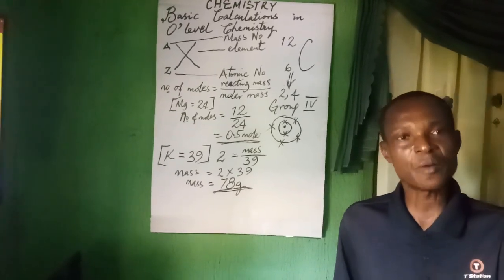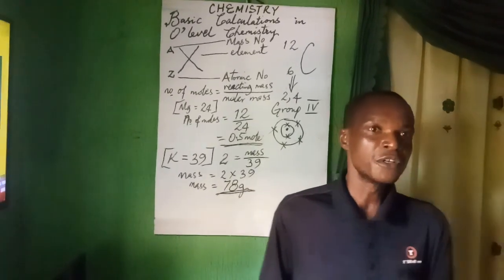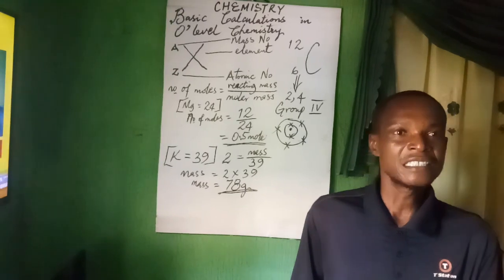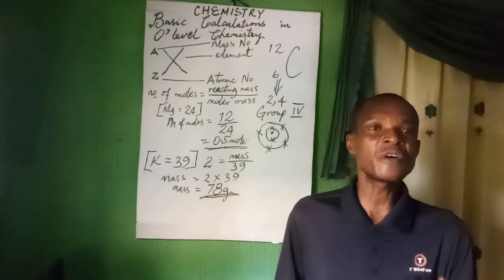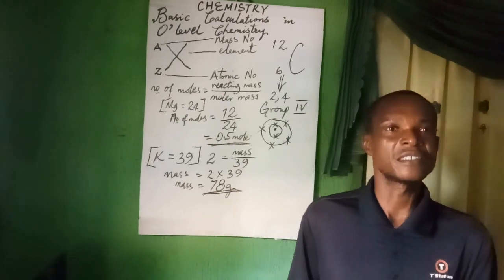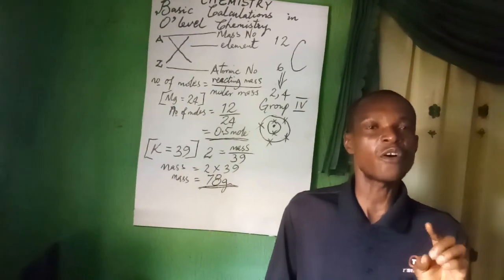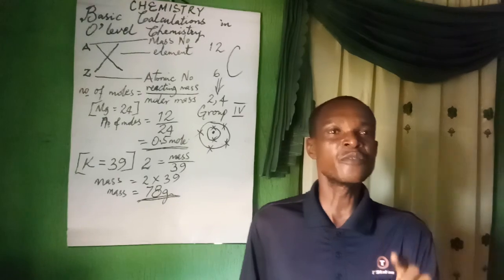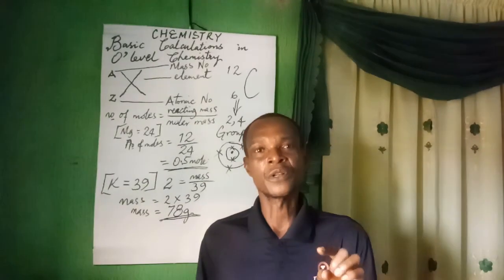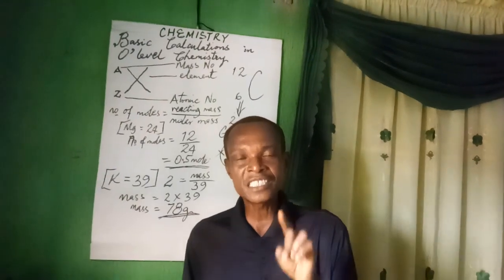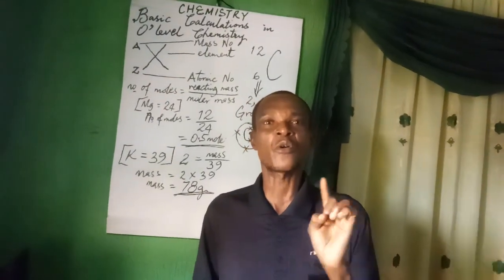To calculate the molar mass of a compound or molecule, you are going to sum up the individual relative atomic masses or molar masses of all the elements involved in that compound or molecule, as written in its correct formula.